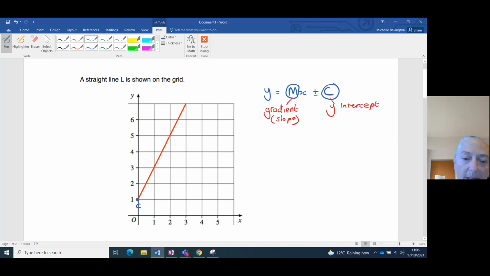Now how do we find the gradient? Well, what we do is we look for the line and where it crosses a corner, not halfway through a square, but at the corners. So I can see it crosses there in a corner and there in a corner, and we join them together with a triangle.